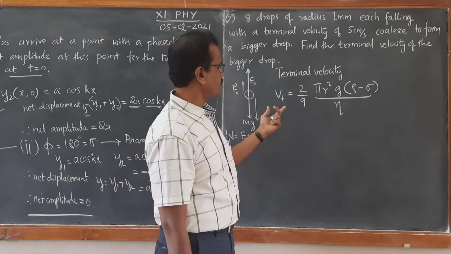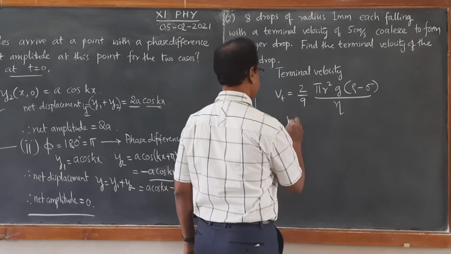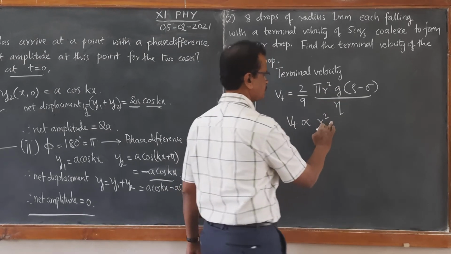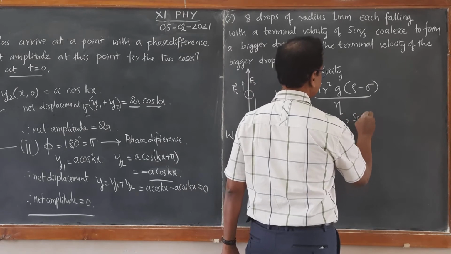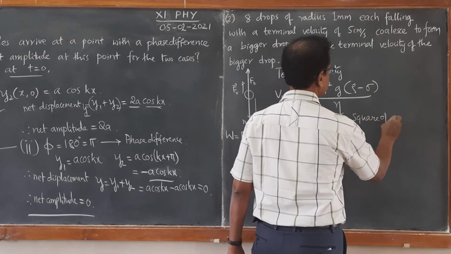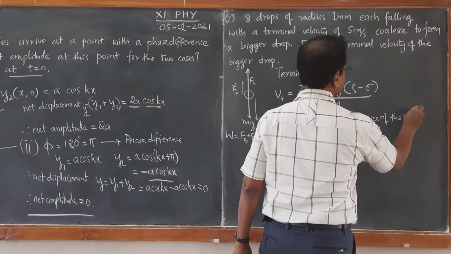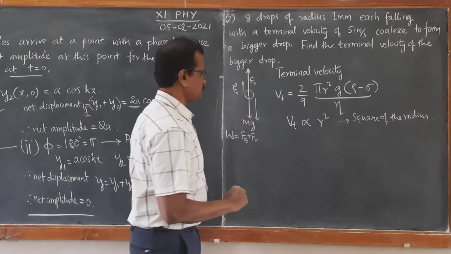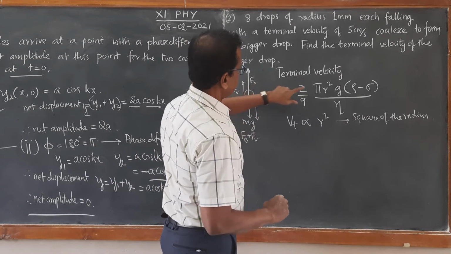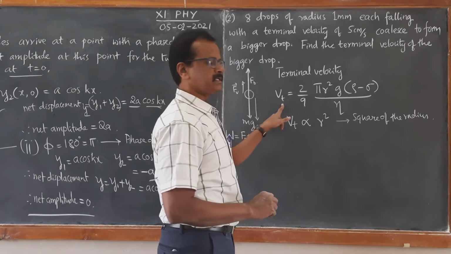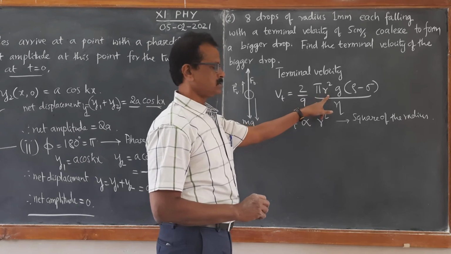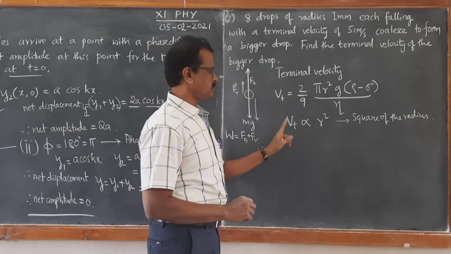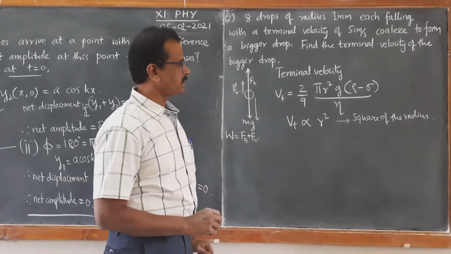So terminal speed Vt is directly proportional to the square of the radius. Larger the radius, more is the terminal speed. Smaller the radius, less is the terminal speed, because it is directly proportional to the square of the radius.